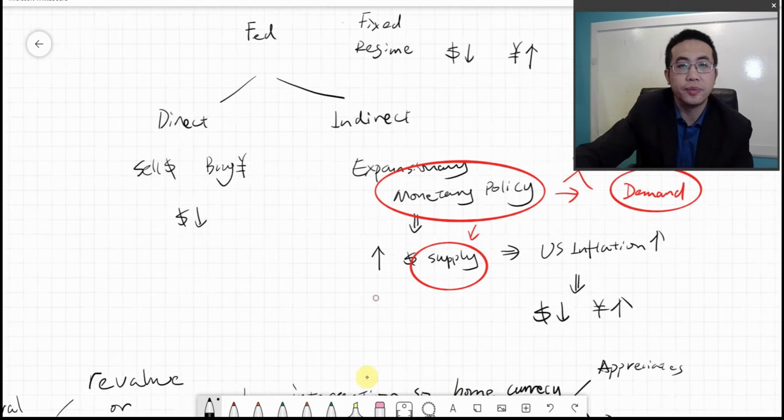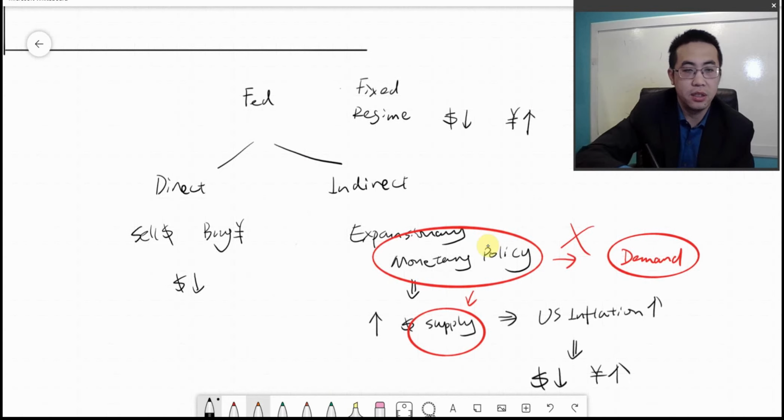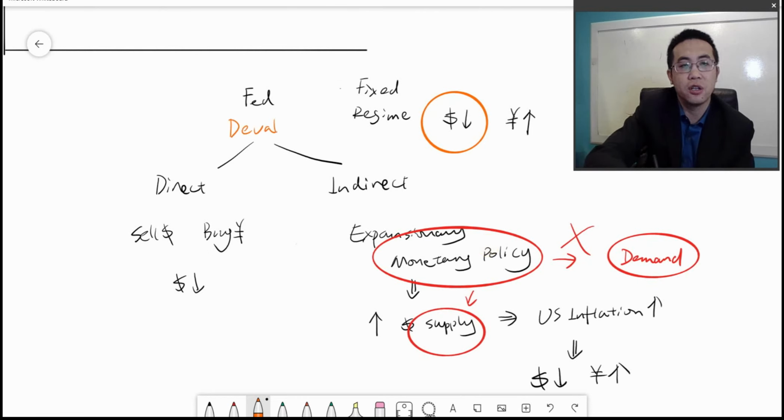Right here, the example I showed is about dollar depreciation, which makes the dollar value go down. So this is the devaluation of the US dollar by the Federal Reserve.